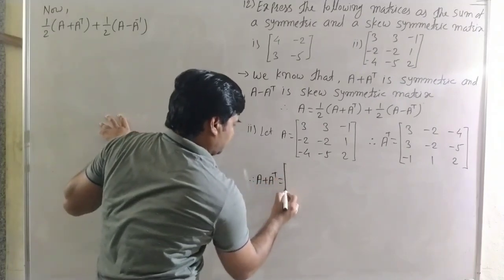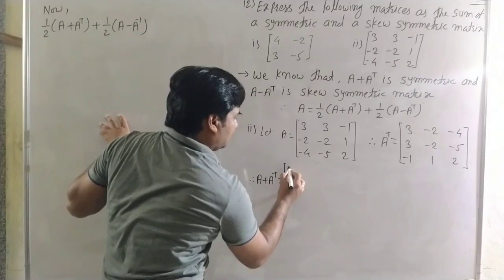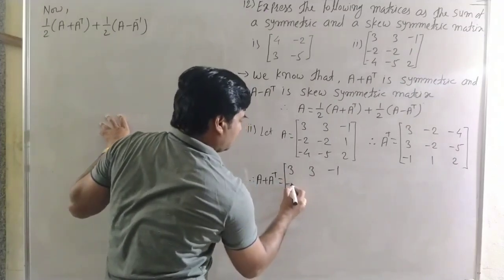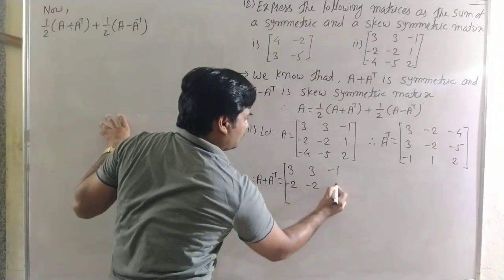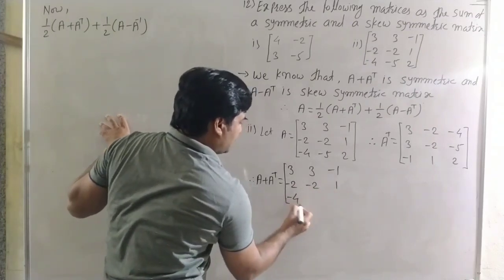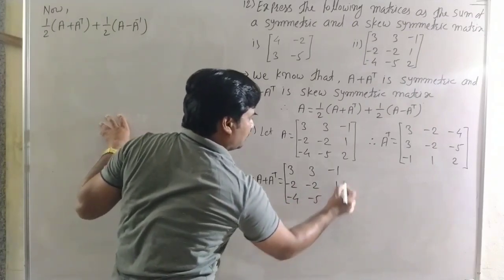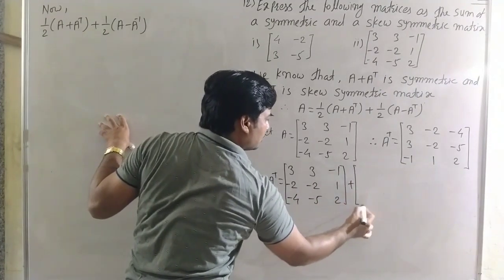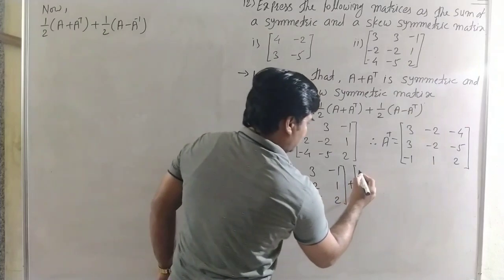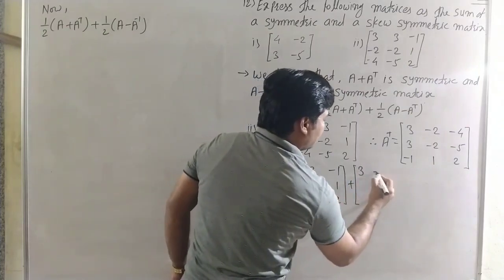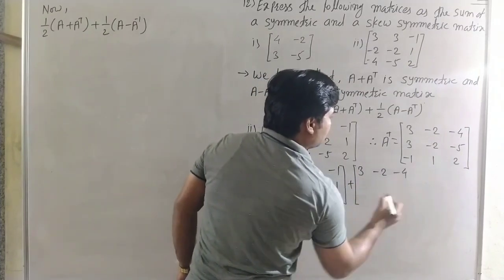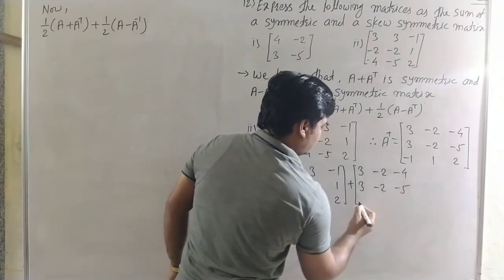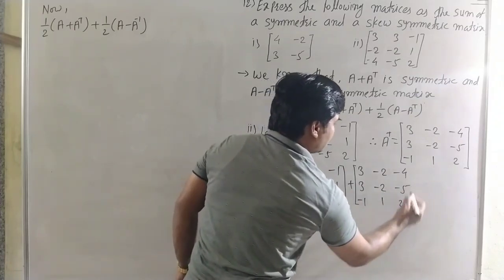Then the matrix A, 3, 3, minus 1, minus 2, minus 2, 1, minus 4, minus 5, 2, plus A transpose, 3, minus 2, minus 4, 3, minus 2, minus 5, minus 1, 1, 2.